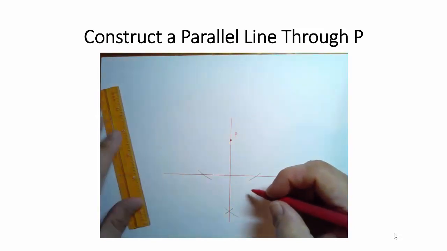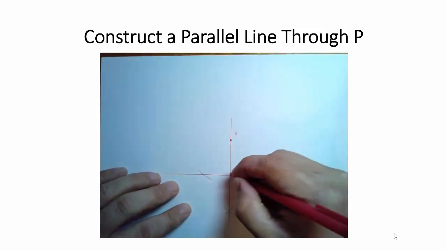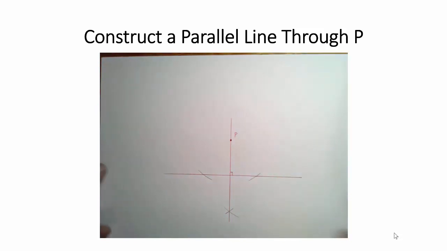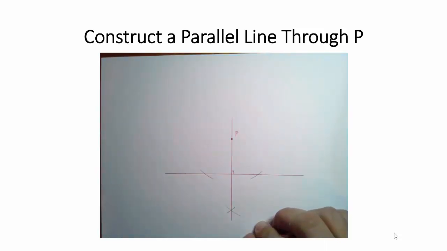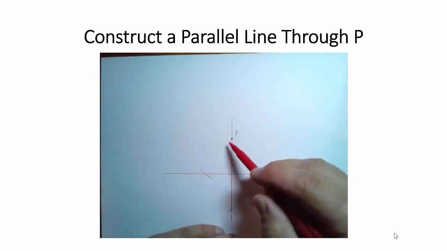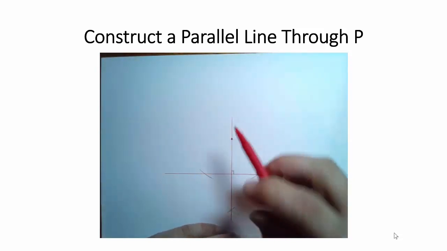And we have a perpendicular line through point P.